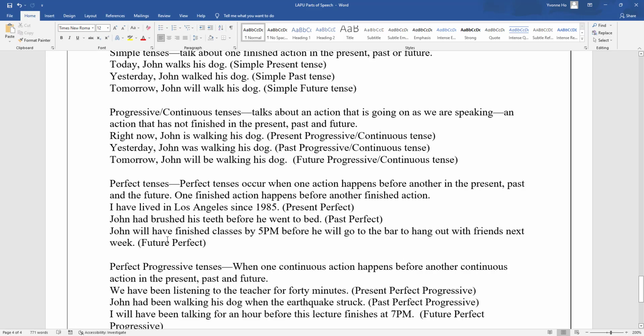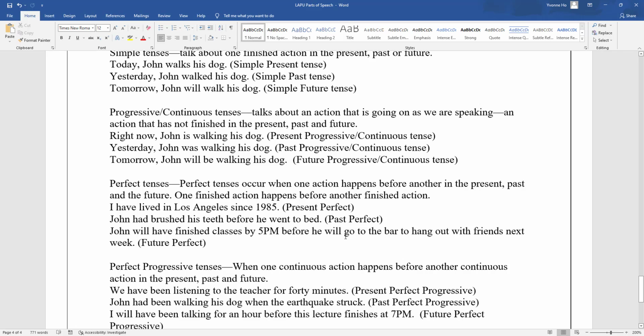And then in the future, John will have finished his classes by 5 p.m. before he will go to the bar to hang out with friends next week. So next Friday, by 5 p.m., he will have finished his classes. Then at 6 p.m. on Friday, he will go to the bar to hang out with friends.